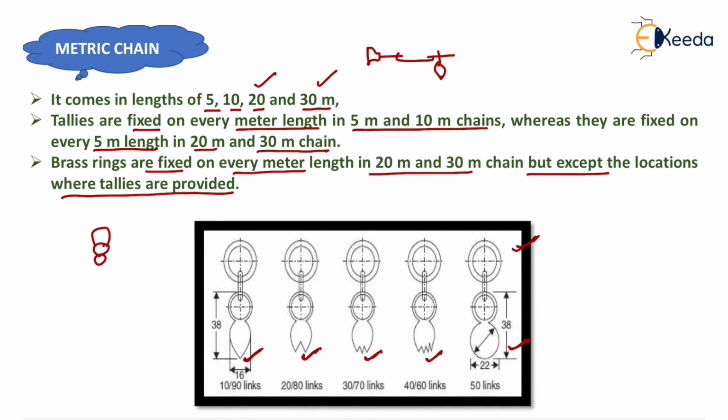Tallies are also provided after every 5 meter length, so at the location where tallies are provided, we don't provide the brass ring, and brass ring is also not provided in 5 meter and 10 meter chains.